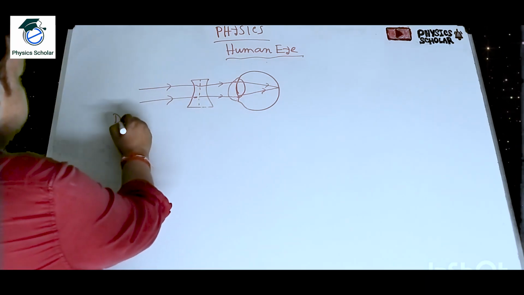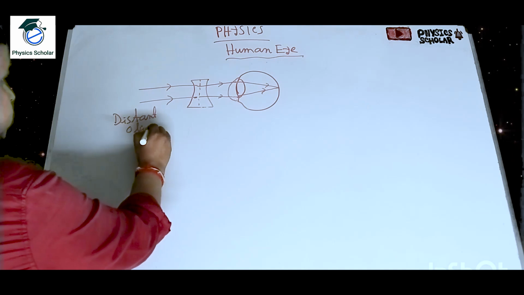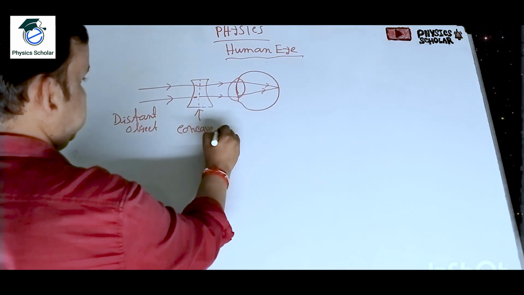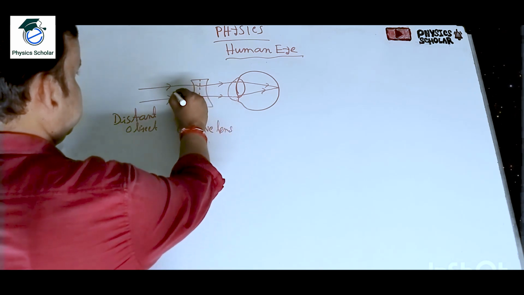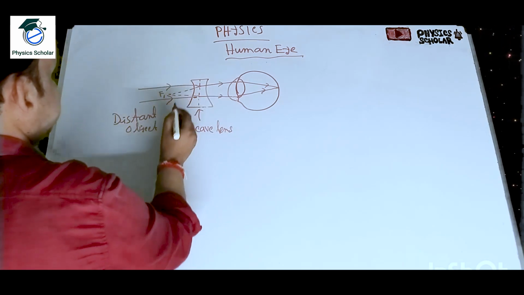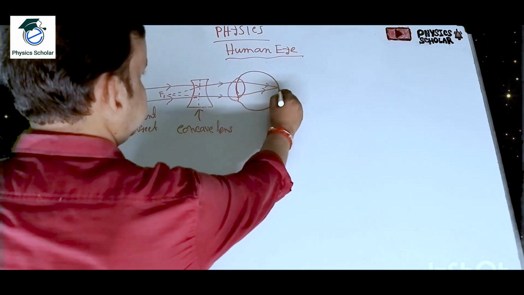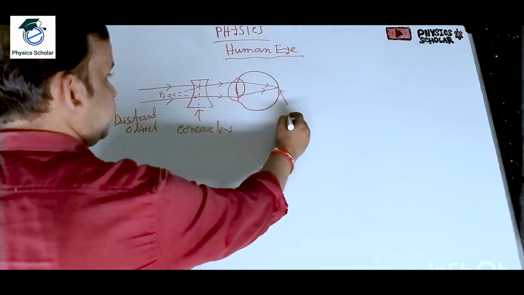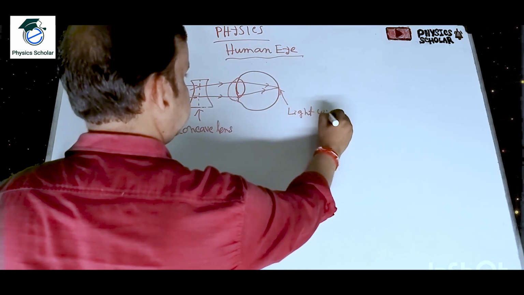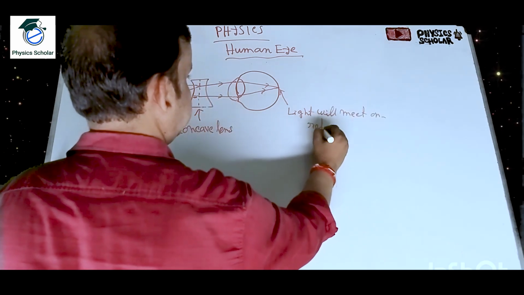So this is the distance. Rays are coming from the distant object. Clear? This is the concave lens. Clear? This is the focal length of the concave lens, okay? Clear? And the light will meet on the retina.